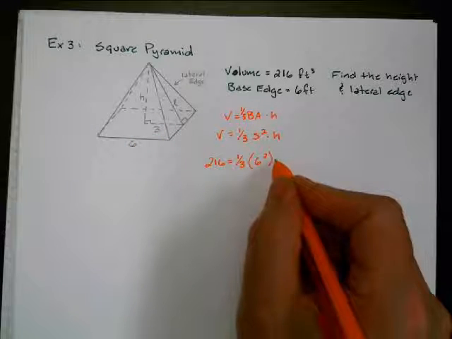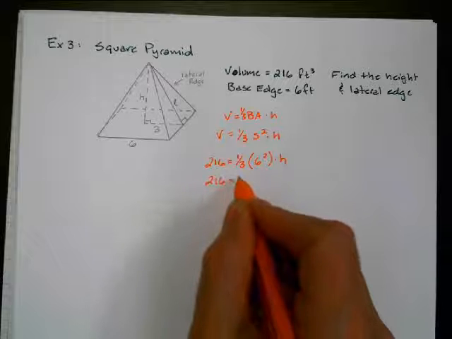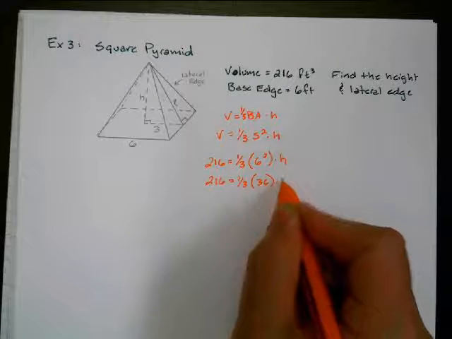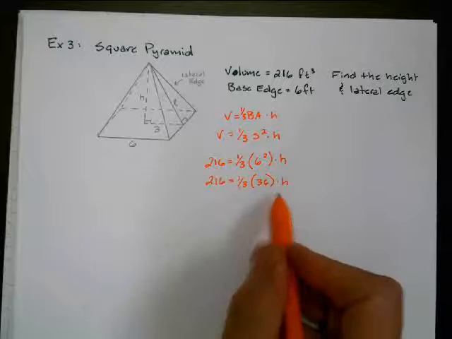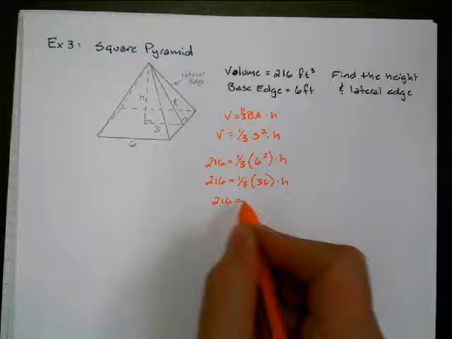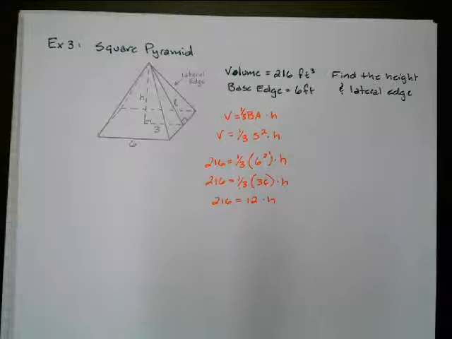Okay, so this is 216 equals 1/3 times 36, so this is 36 divided by 3. And then we can just take 216 and divide by 12. And we get 18.